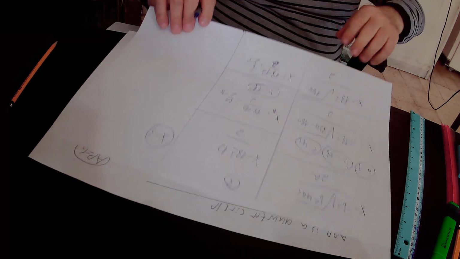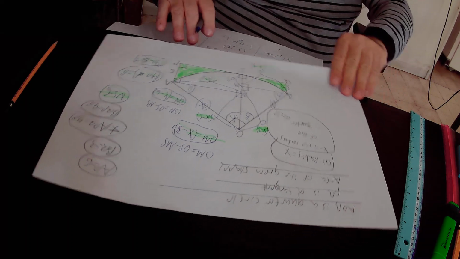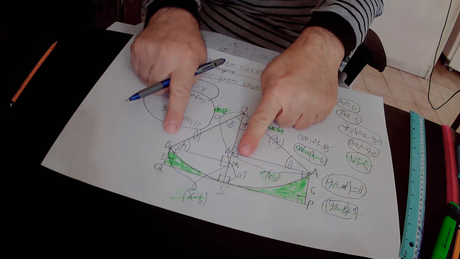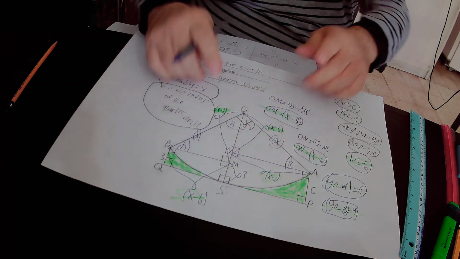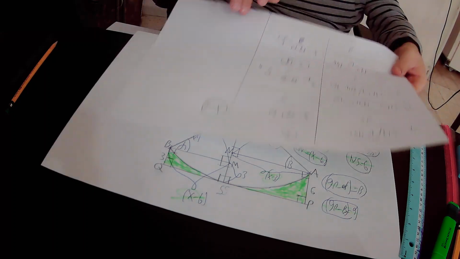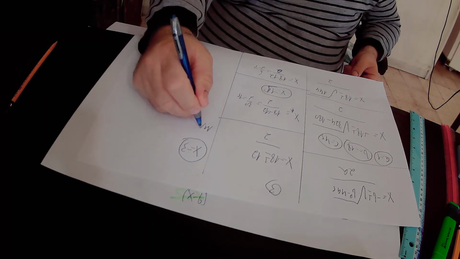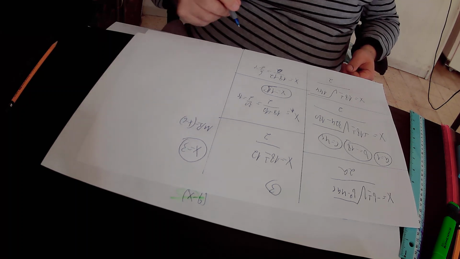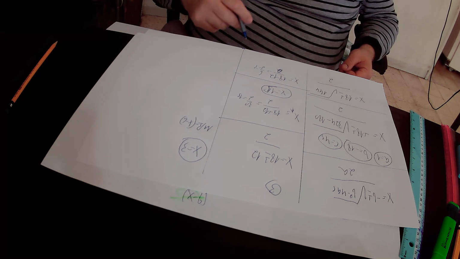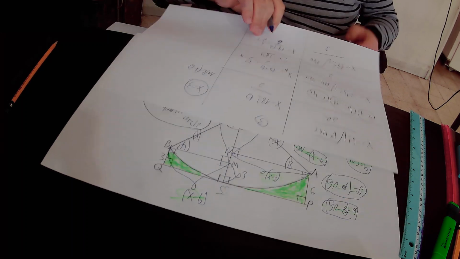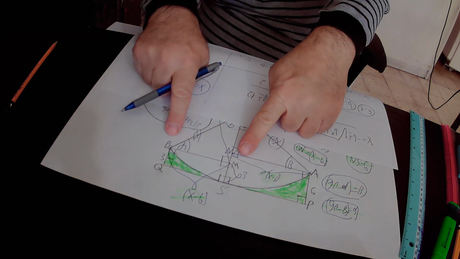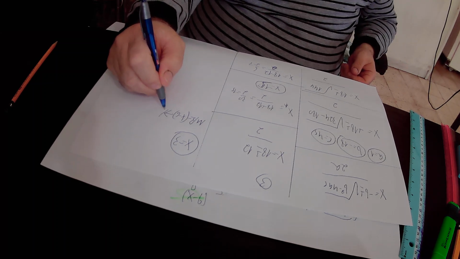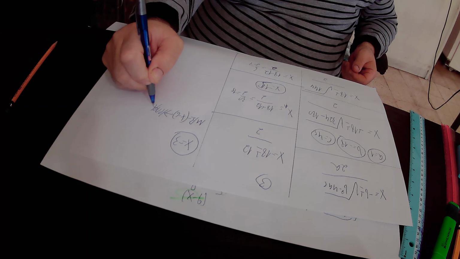Why? Because we found that the length of this line segment MB equals x minus 6. So write it down: MB equals x minus 6 units in length. MB is the length of this line segment, so MB is a length. As a length, it must be a positive number.